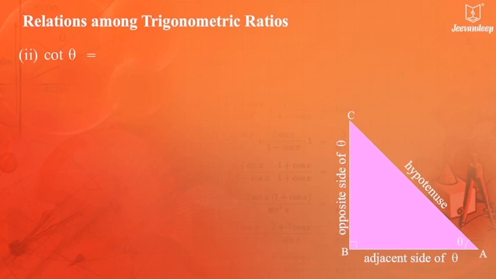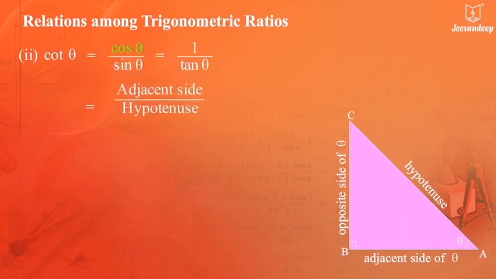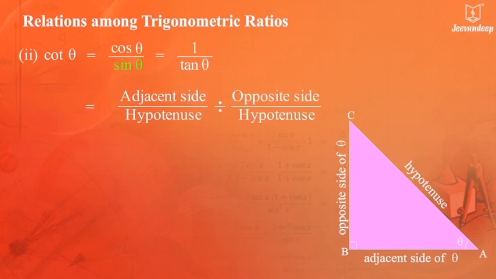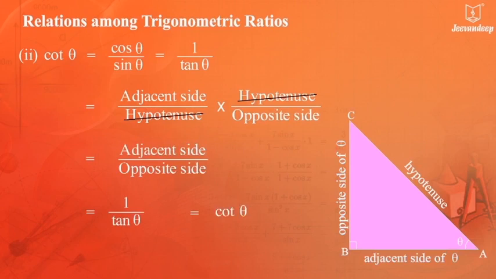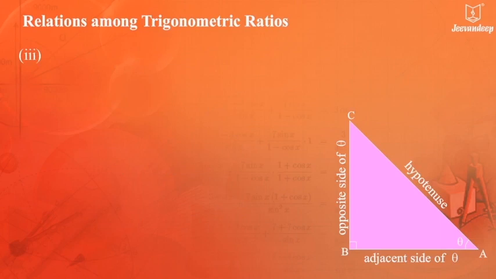Cot theta equals cos theta upon sin theta, or 1 upon tan theta. 3.